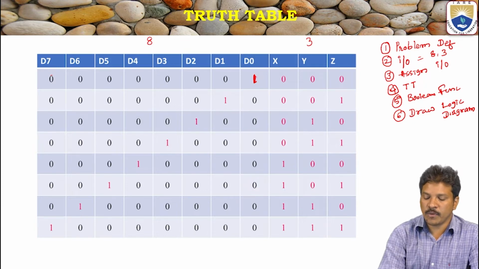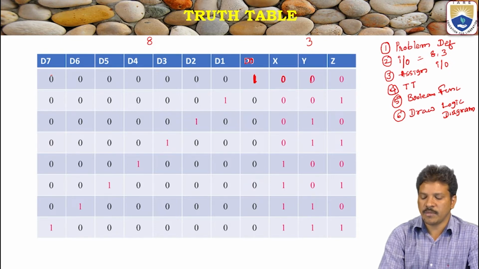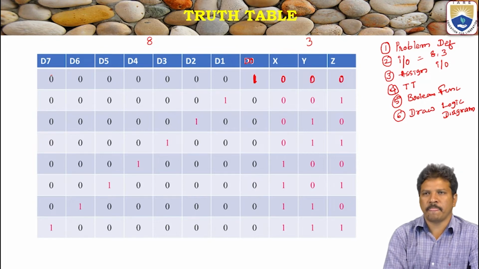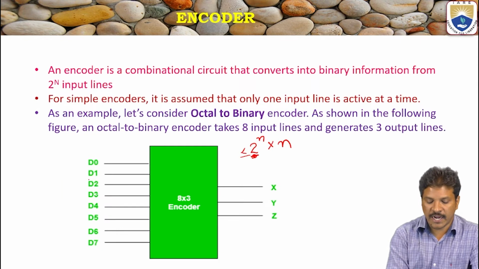Its corresponding output is the binary number for D0, which means 0, so the binary value is 0, 0, 0 in the 3 variables. That's why I am mentioning 000 in the first row. Similarly, what if the second input is high, with the remaining all zeros?